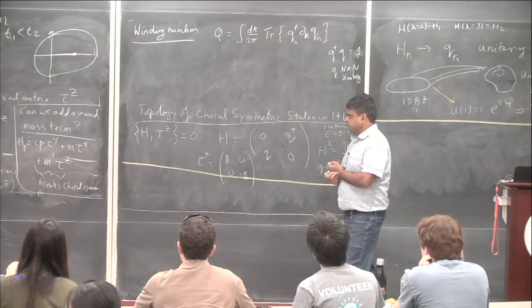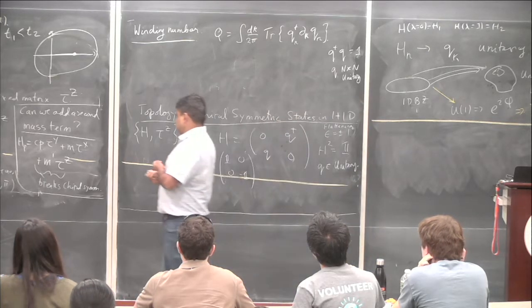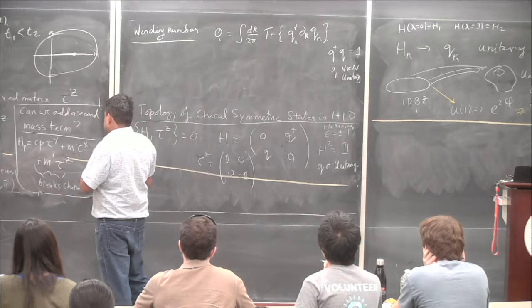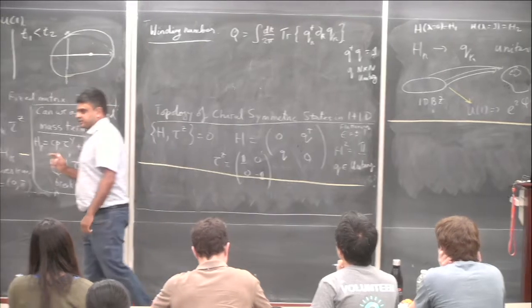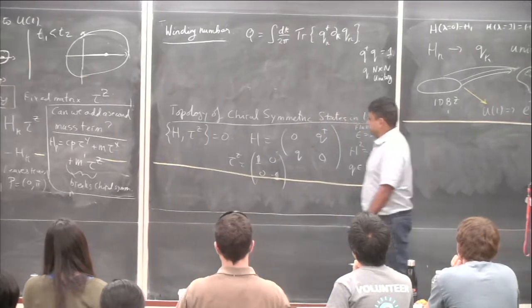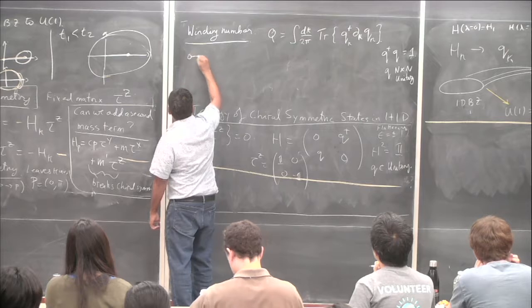So, yeah, one thing you could say is that there's something a little strange about this SSH chain, which I'll talk a little bit about, which has to do with the edge states. So if you look at the edge states, we said there are two limits, right?